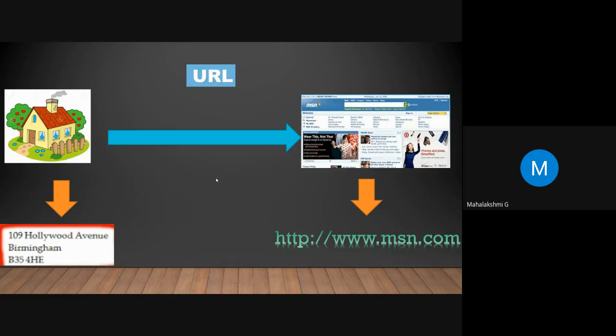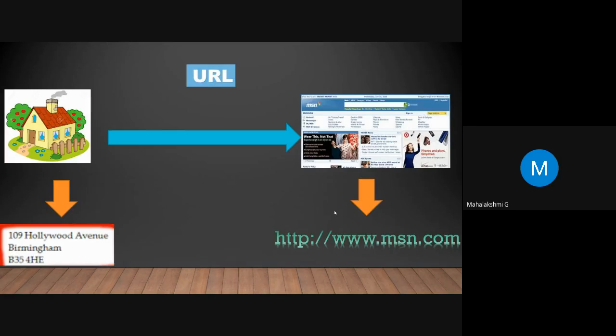Why do we want to have a URL? It is similar to having an address for a house. The purpose of having an address is to identify the house. Similarly, here it is to identify the website.